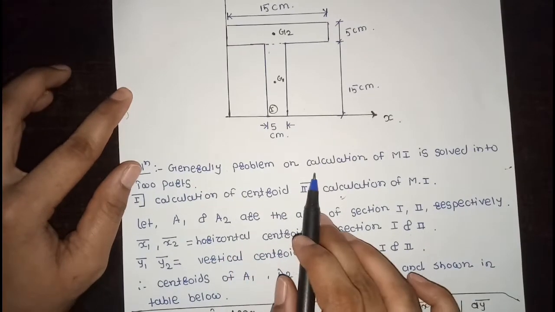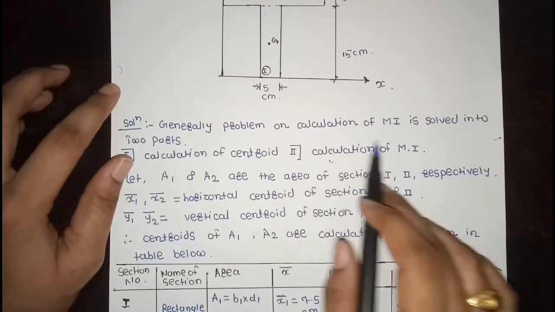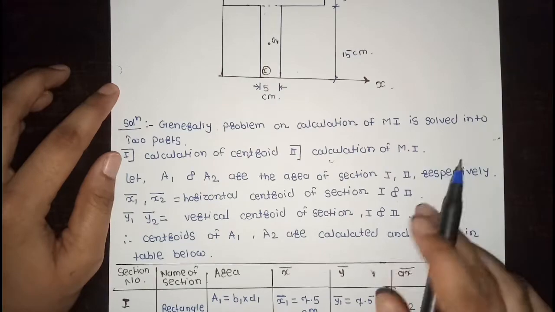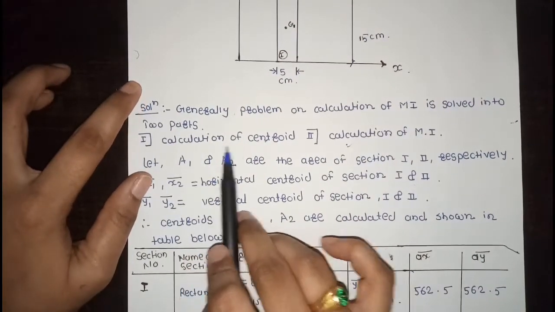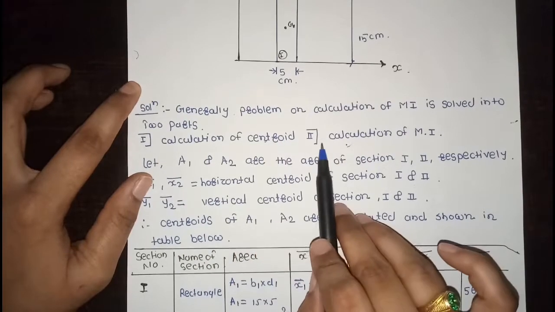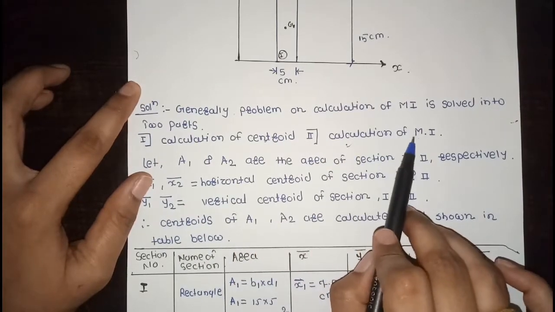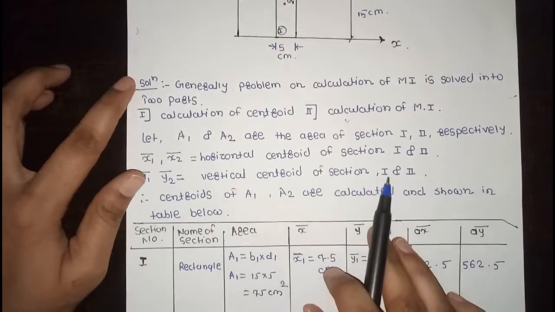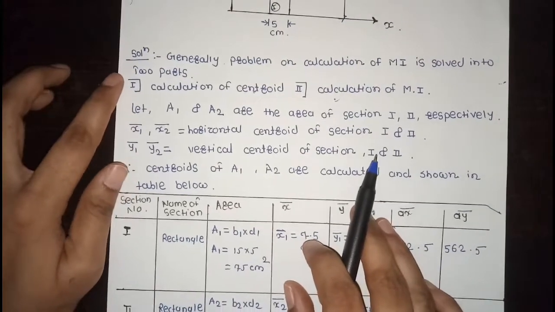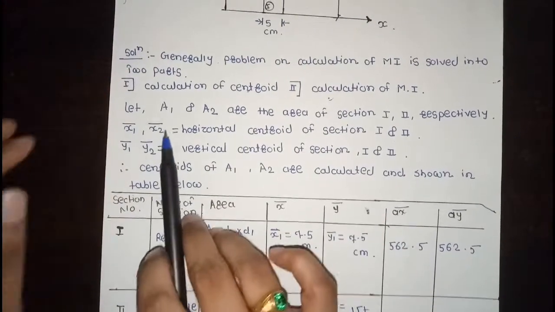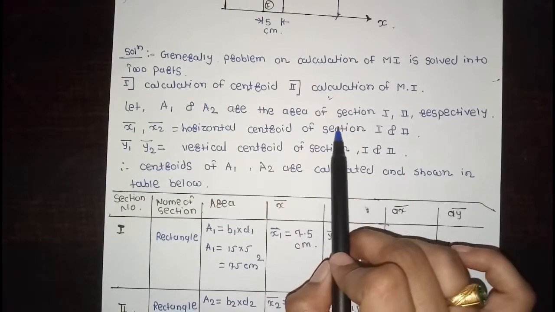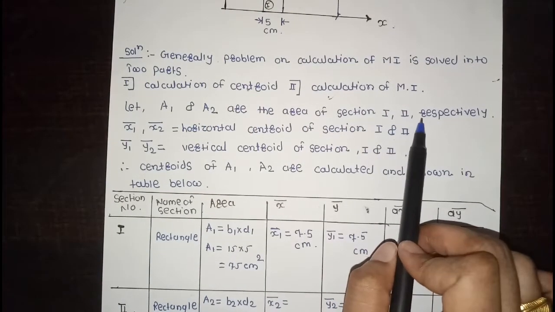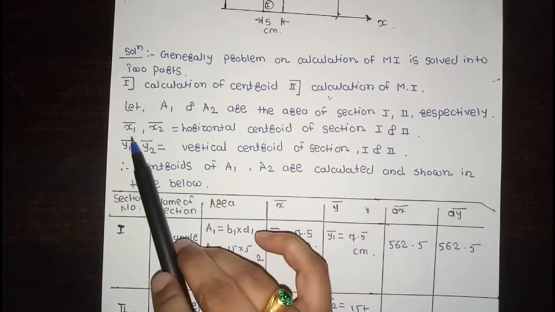Generally, numericals on calculation of moment of inertia are solved in two parts. The first part is the calculation of centroid and the second part is the calculation of moment of inertia. Let A1 and A2 be the areas of the first and second sections respectively.